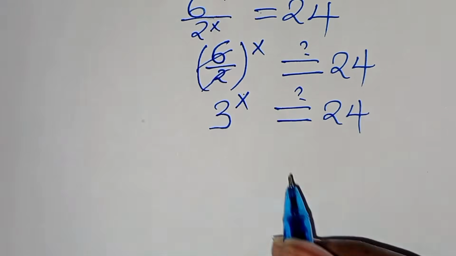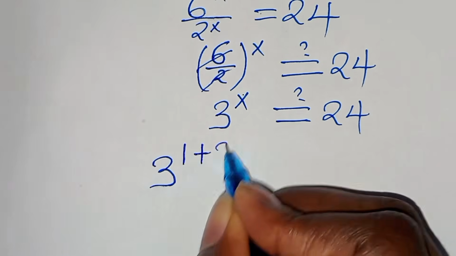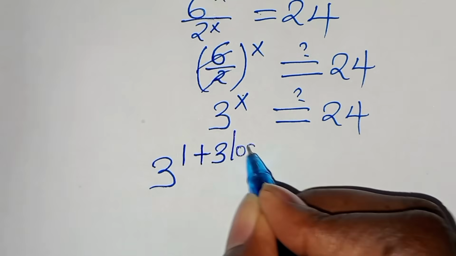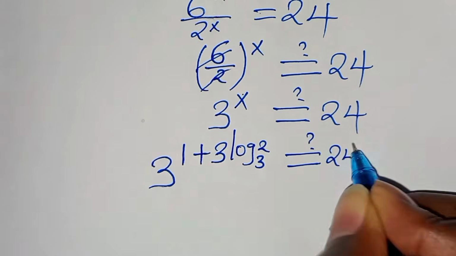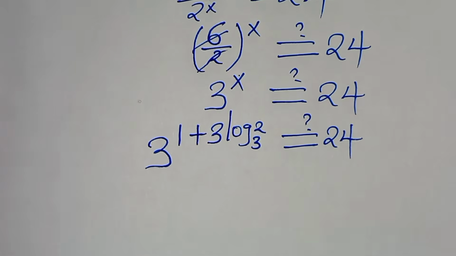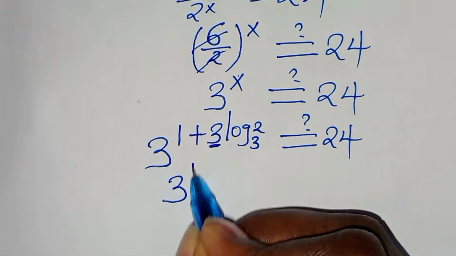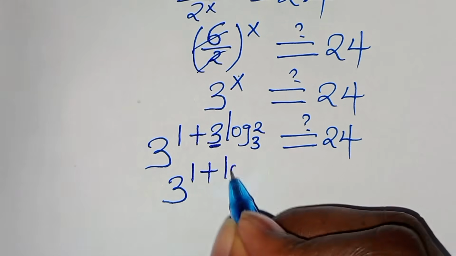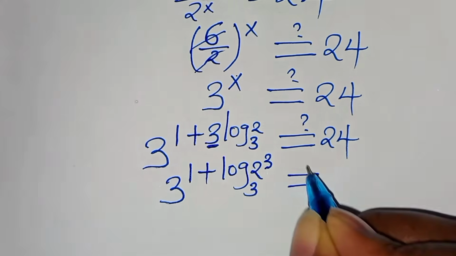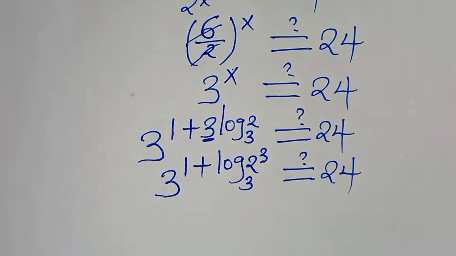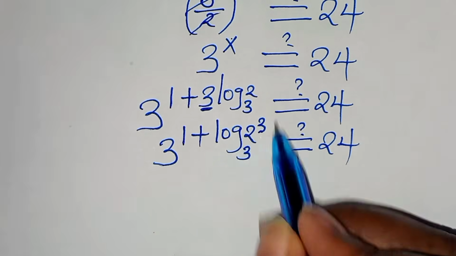So let's substitute the value of x. We have 3 to the power of 1 plus 3 log 2 to base 3. This is supposed to give us a value of 24. Now, the 3 is a power here, so we can express this as 3 to the power of 1 plus log 2 to the power of 3 to base 3.